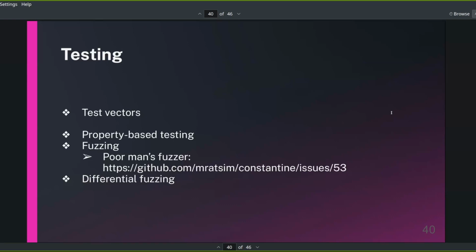Fuzzing: there are many kinds of fuzzing, but basically it's crafting inputs that tend to create edge cases and make your program crash. So the highest level of fuzzing, I'd say, is using either AFL, American Fuzzy Loop, or LibFuzzer. And those use something called genetic algorithms.